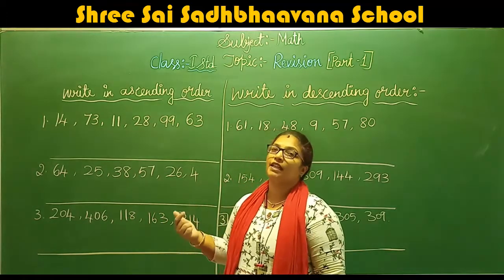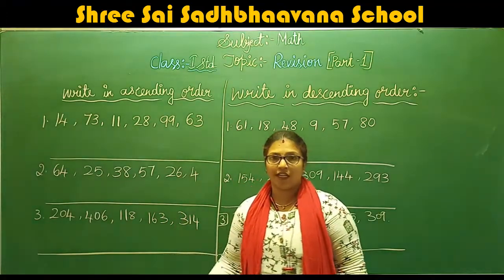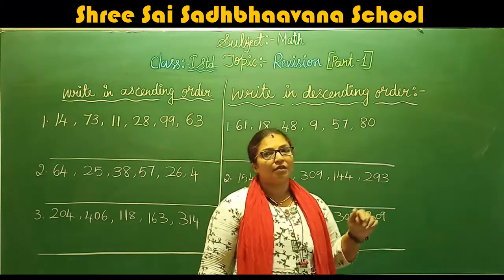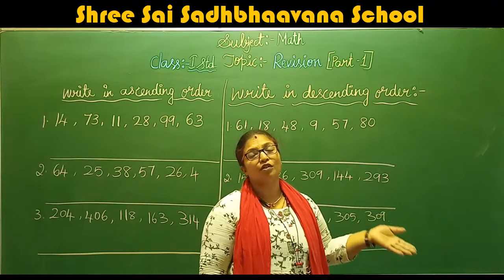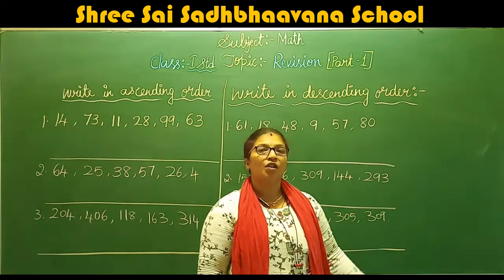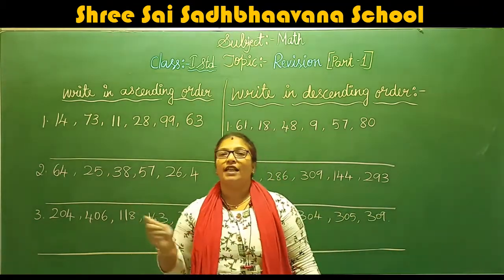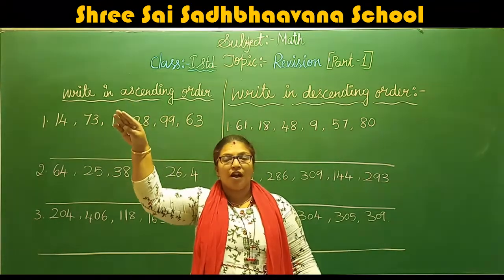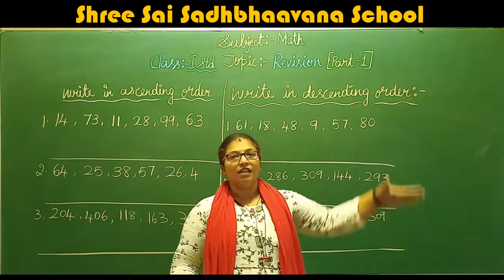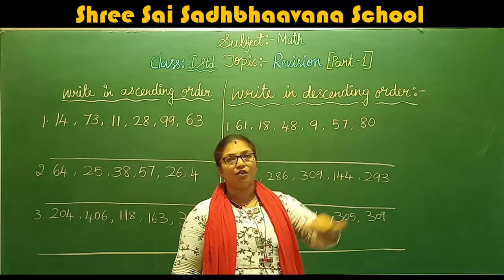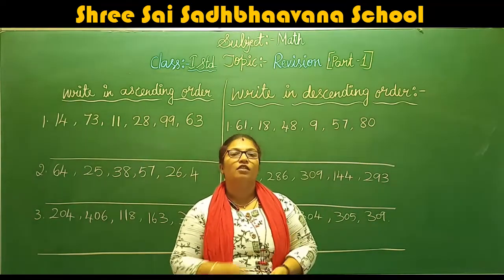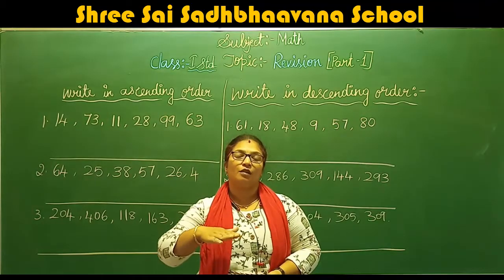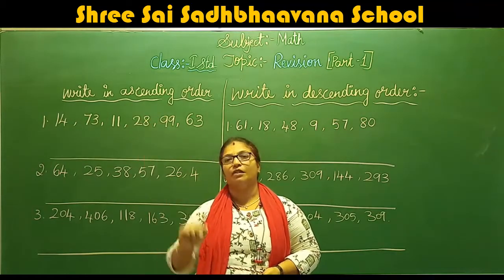Smallest number to biggest number you have to write and go. Descending order is biggest number to smallest number you have to go. For descending, you have to come biggest number to smallest number. That is descending. Ascending is small number to big number.